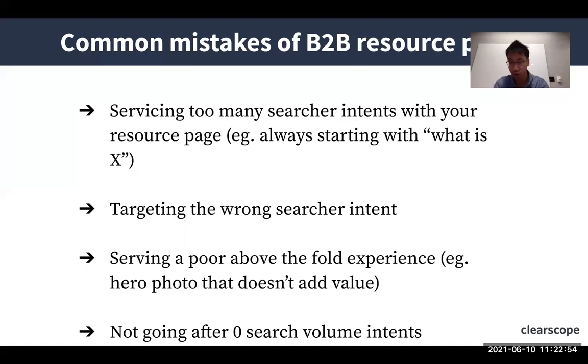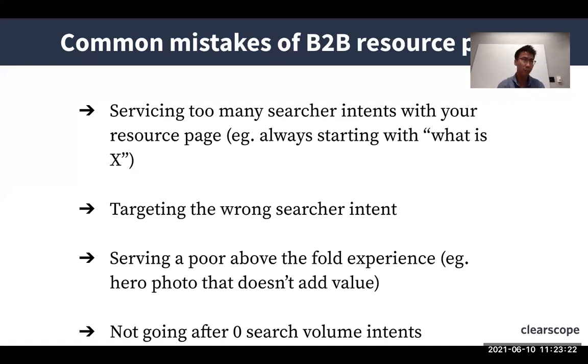Targeting the wrong searcher intent is a very common mistake of B2B resource pages. A lot of people either skip keyword research altogether, or they skip search intent or perspective discovery, and they end up writing a piece of content that might get some amount of monthly search volume, but is directionally incorrect in what the user actually cares about.